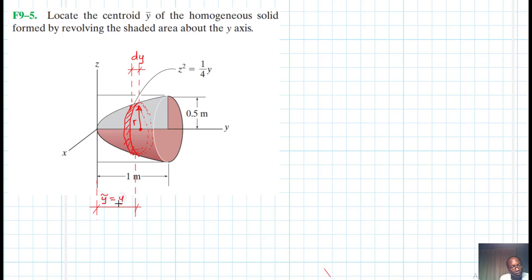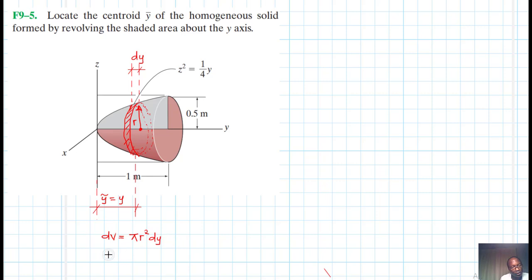This is equal to y. And then our dV therefore will be equal to pi r squared times the thickness dy.